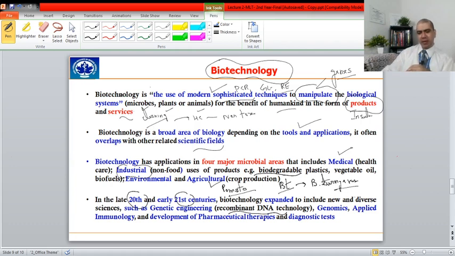Now biotechnology has expanded to the study of genomics and proteomics, and applied immunology. Applied immunology means how we can produce monoclonal antibodies, and the development of various pharmaceutical therapies using this technique of biotechnology.